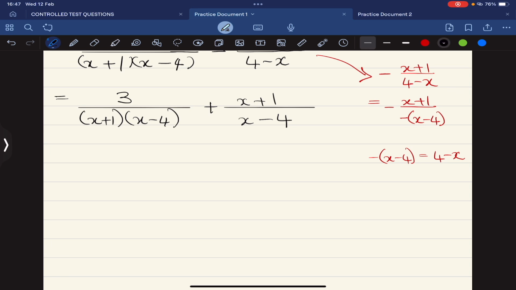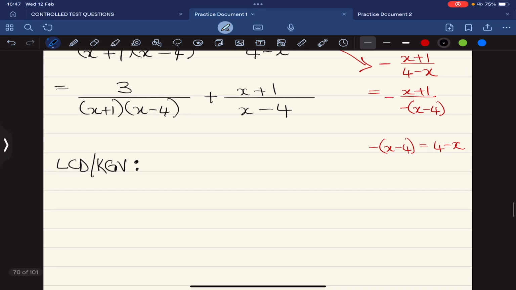Our LCD will simply be... KGV is for Afrikaans, that's kleinste gemeenskaplike veelvoud or kleinste gemene veelvoud. For us it is going to be x plus 1 and x minus 4.